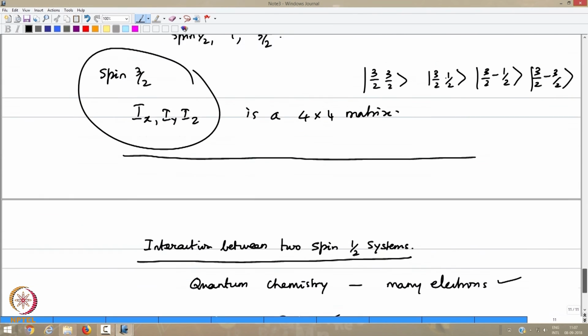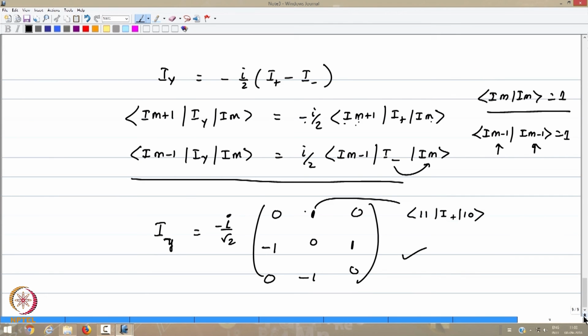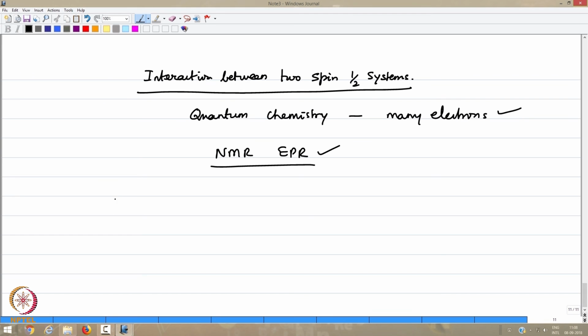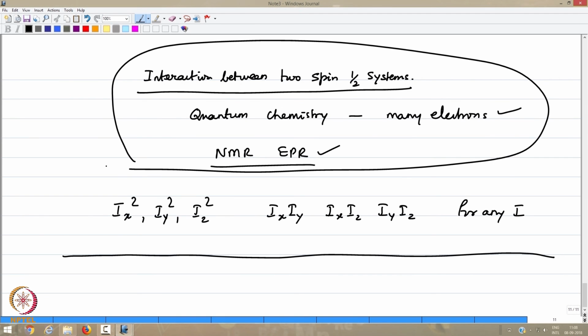We will stop here, concluding that it is possible for us to write matrix representations for all the operators Ix, Iy, Iz and a host of others, namely Ix square, Iy square, Iz square, Ix Iy, Ix Iz, Iy Iz, all these operators for any I. So, we will stop here as the component for single spin systems, and in the next lecture let me start looking at the interaction between the two spin half systems, from the background of what is meant by two spin half states, what is meant by the operator representation for two spin half states, and so on.